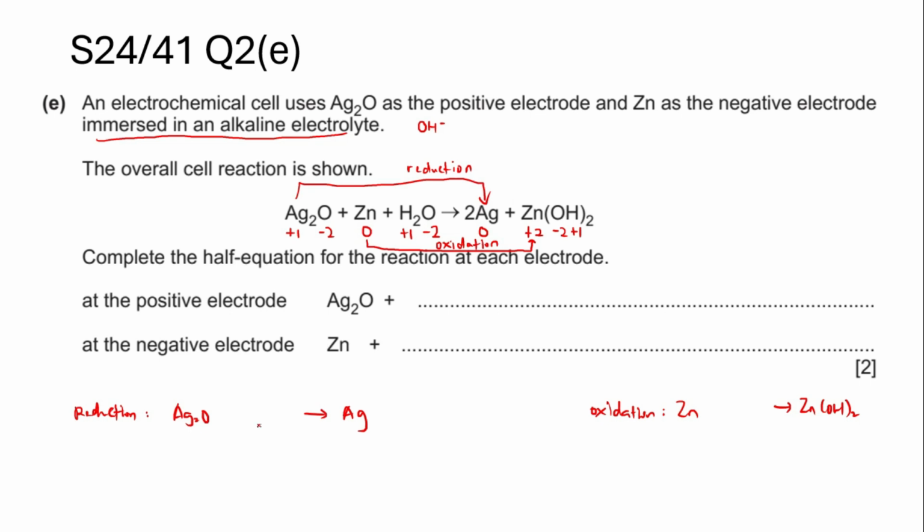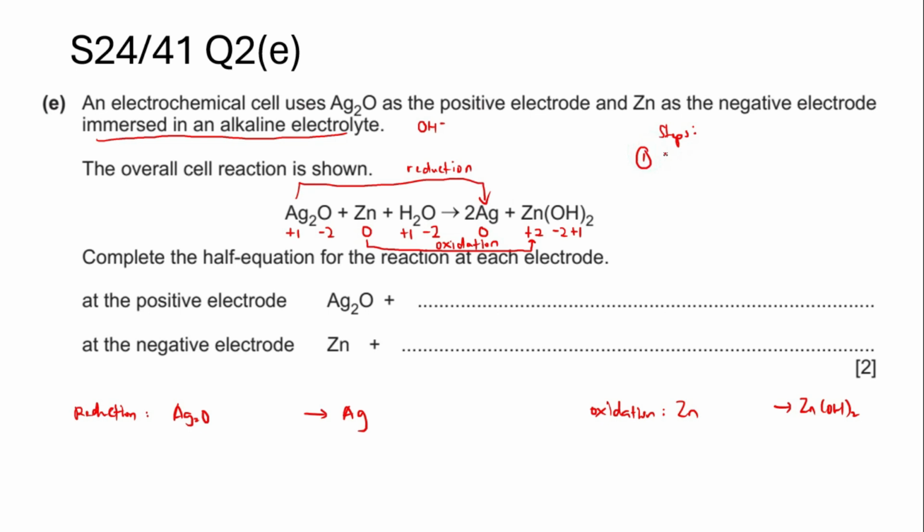Okay, now let's balance the half equation for reduction of silver oxide to silver first. From silver oxide to silver, left hand side I have 1 O, but right hand side is lacking 1 oxygen. So to balance the number of oxygen, I will use hydroxide ion. There are certain steps that we can follow.